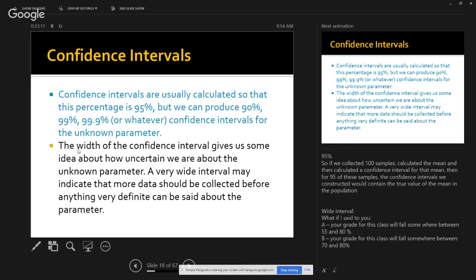You just have to look at the confidence interval, okay? So remember that in that normal sampling distribution, it's assuming a mean of 0. Okay?